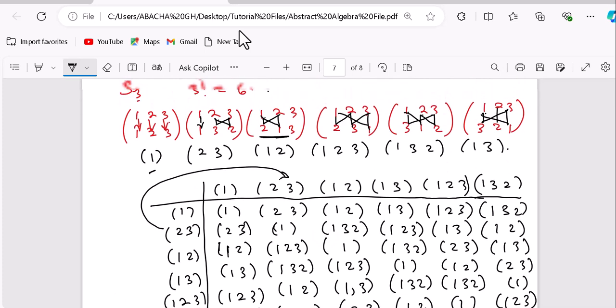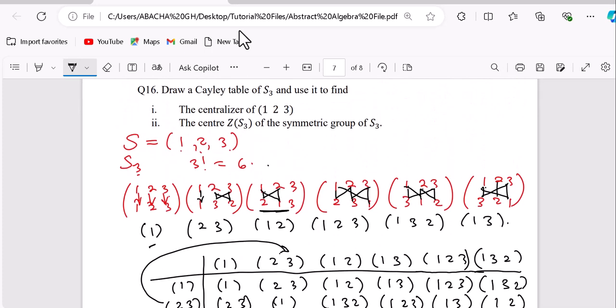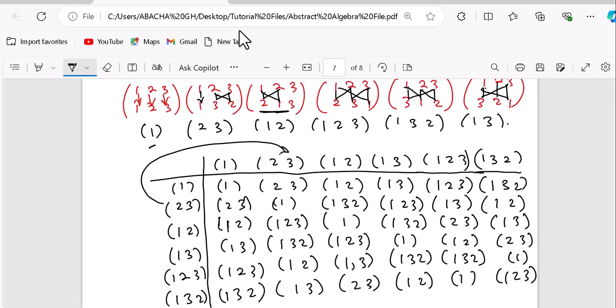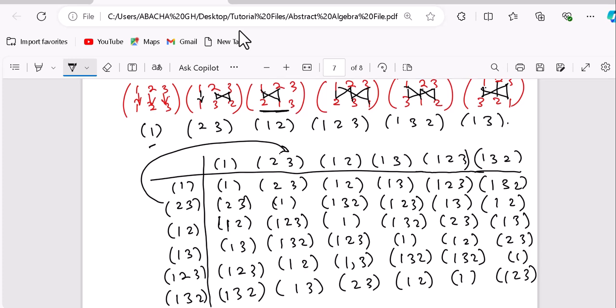So we are given the element (1 2 3), and it means that we are going to compose this particular element with all the elements in the group to see which of those elements commute with it. In other words, when we change the position of the element with all the other elements, do we still get the same answer? That is the question we have to ask.